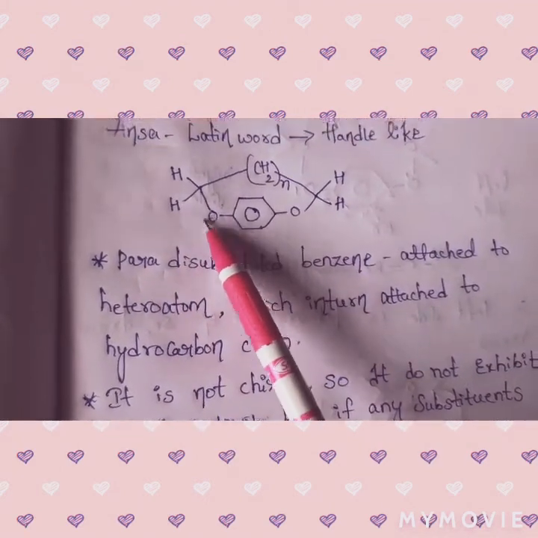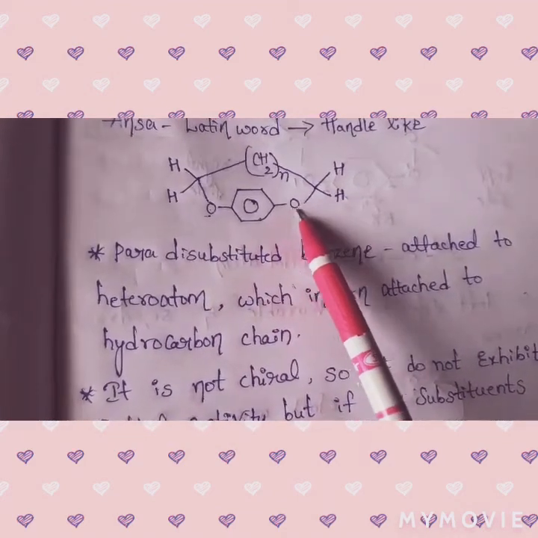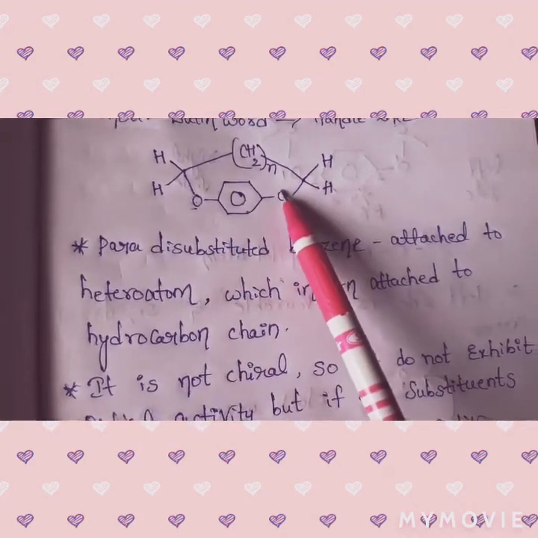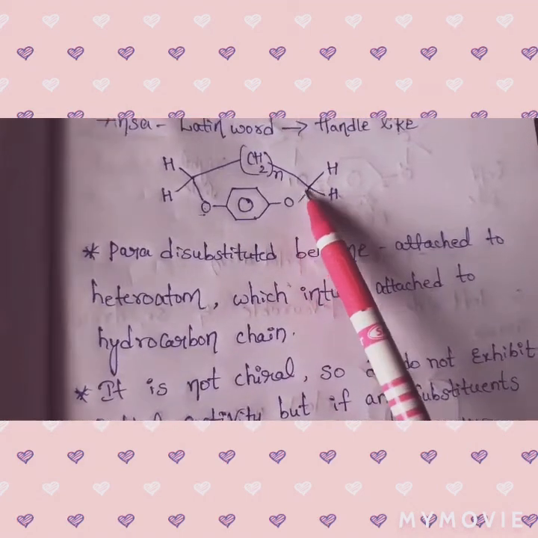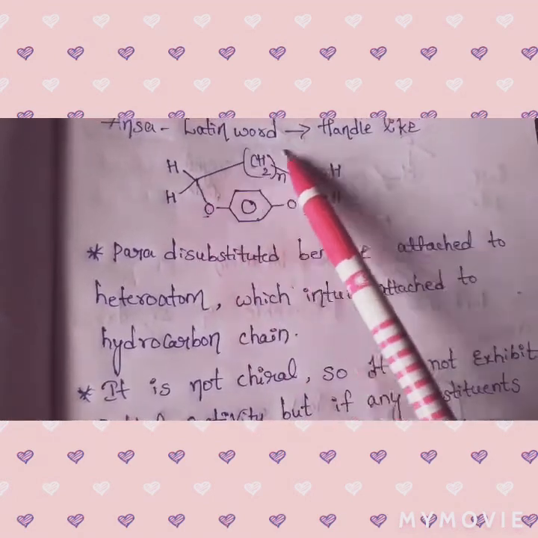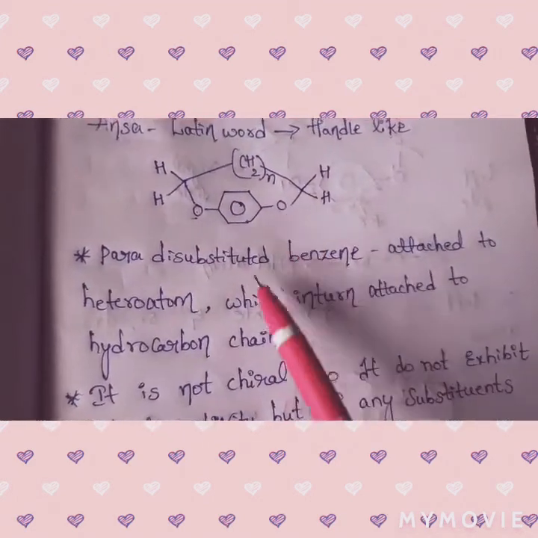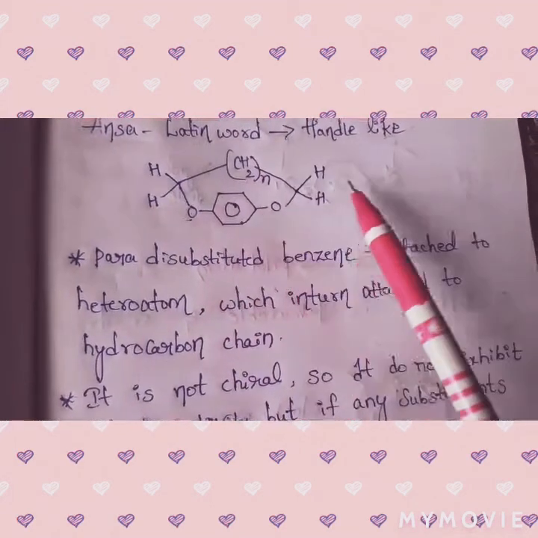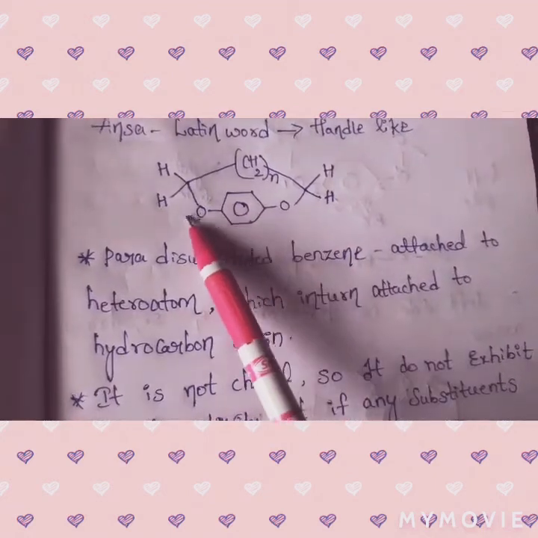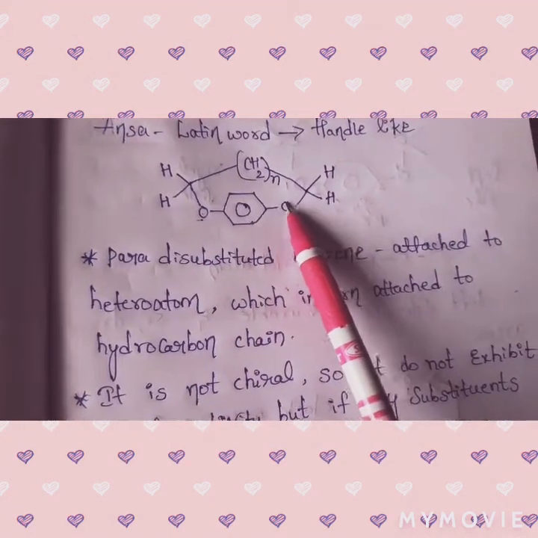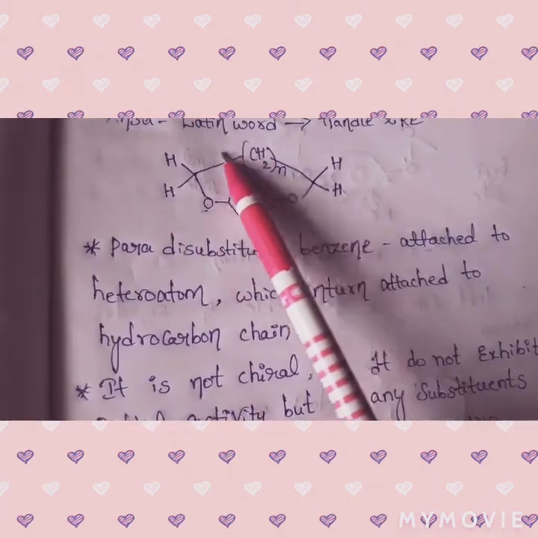Here it is attached to a heteroatom, and oxygen is a heteroatom, we know this. And it is in turn attached to a hydrocarbon chain. So based on these three features we can tell that this is an ANSA compound.